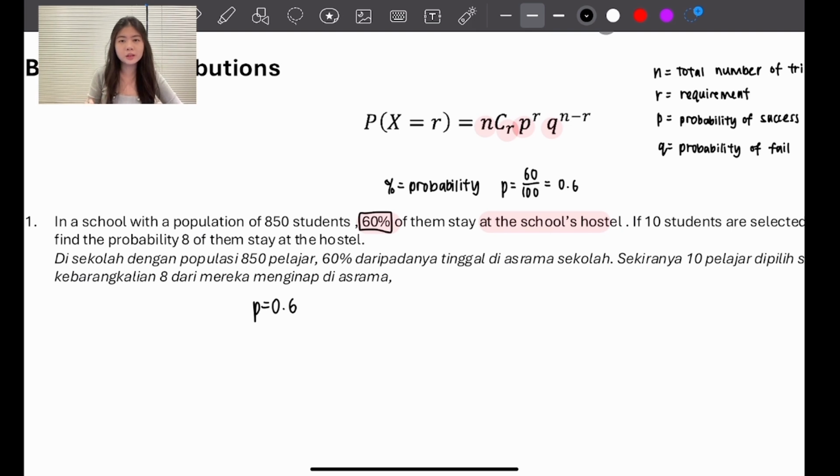So we can determine the probability of not staying in the school hostel. That means the probability of failure is 0.4. Why? Remember, in probability, the total must always equal 1. So once you have p, you can naturally find the q value.